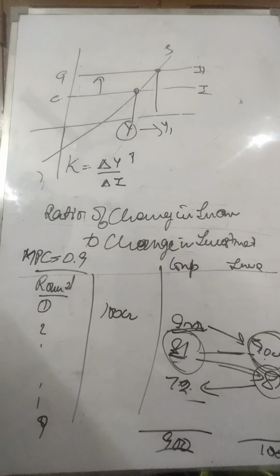Also, there is one more formula to calculate the multiplier, that is 1 upon MPC, or 1 upon 1 minus MPS.